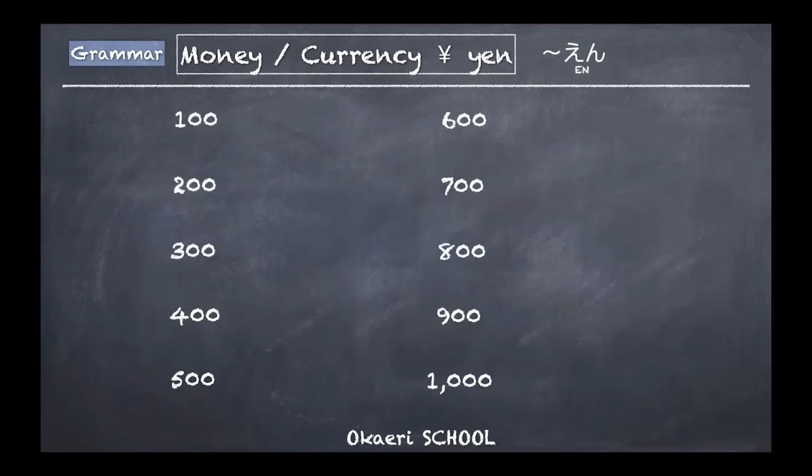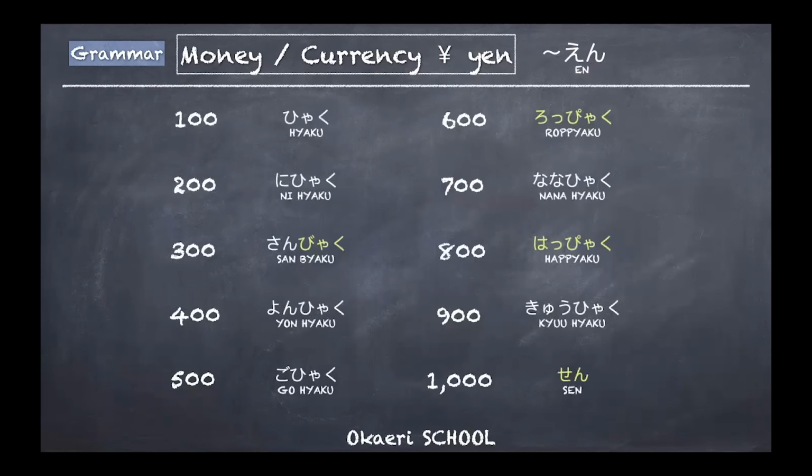100 up to 1,000. 100, and you put 2 or 3 before 100. And then 200, 300, which is a bit irregular. 400, 500, 600.